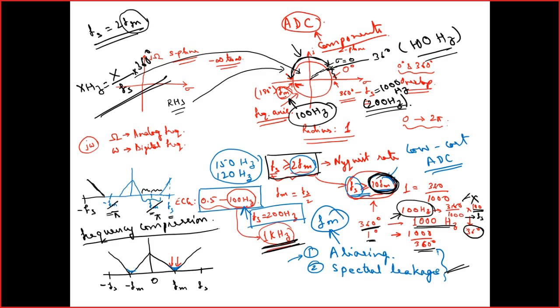By performing this frequency compression, what are we achieving? First, we are preventing aliasing, and second, even if there is some spectral leakage, there would not be any mixing up of the spectrums.